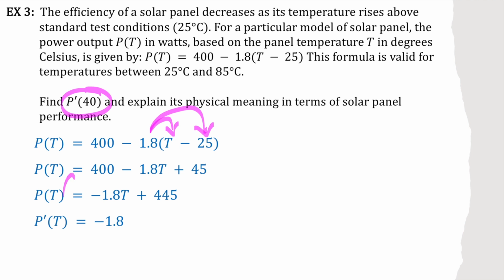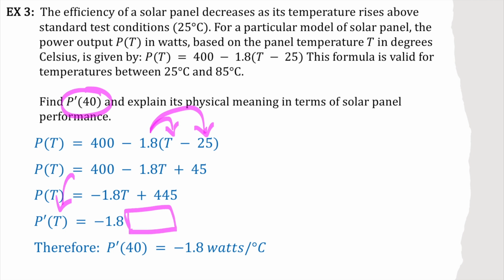So if you plug in 40 here, well, nothing happens because there's no variable there. So basically what that's telling us is no matter what temperature between 25 and 85 degrees, the power wattage is going to remain at a constant rate.